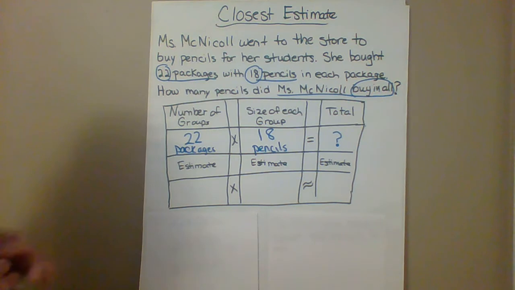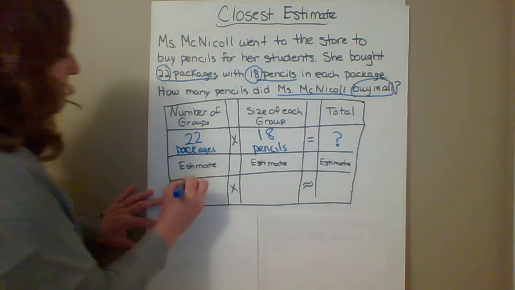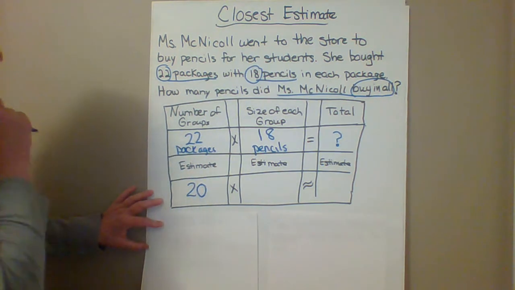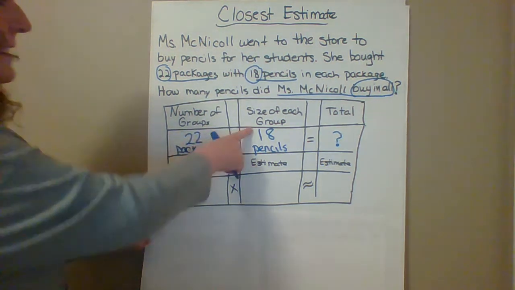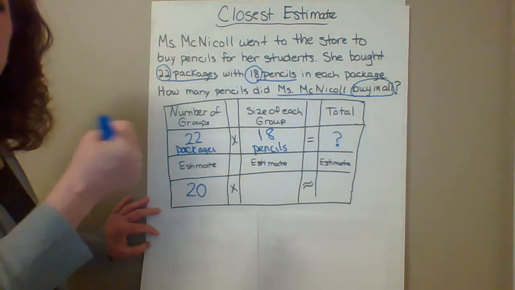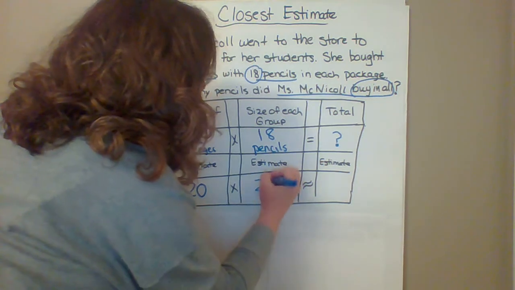So I'm going to take this 22 and I'm going to think to myself, that is pretty close to 20. Okay, so I'm going to put the 20 down as I rounded it to 20. And then I have 18 pencils here. Again, pretty close to 20. So I'm going to put that estimate here for 20.